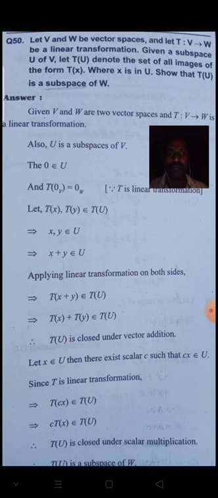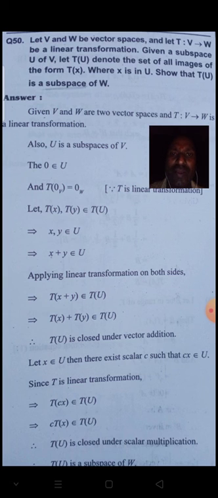Solution. Given V and W are two vector spaces and T mapping V to W is a linear transformation.